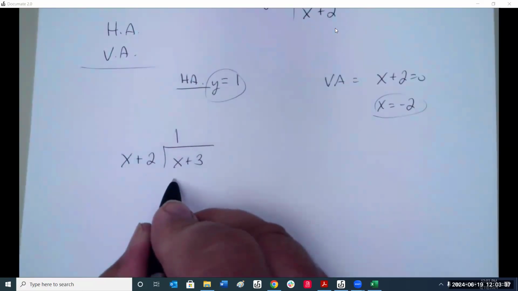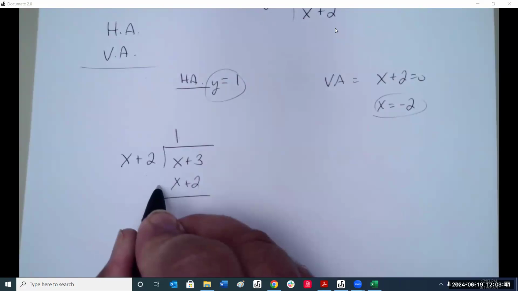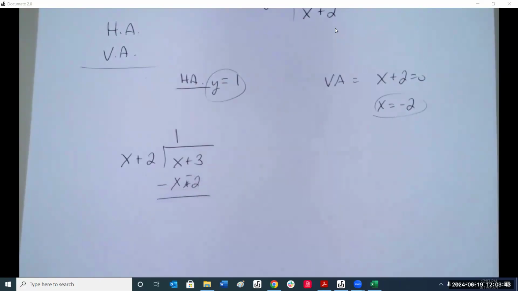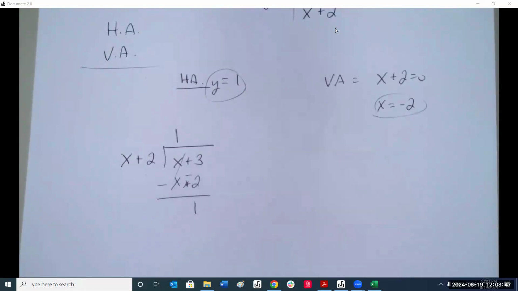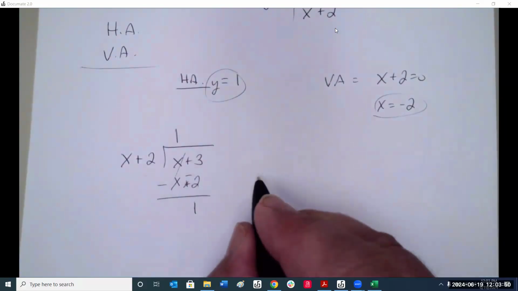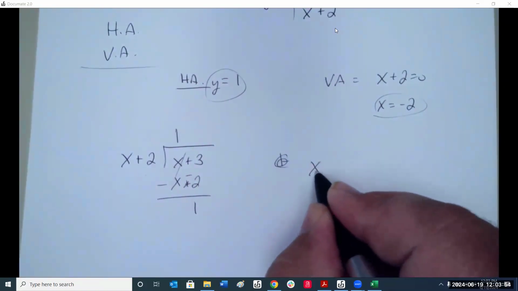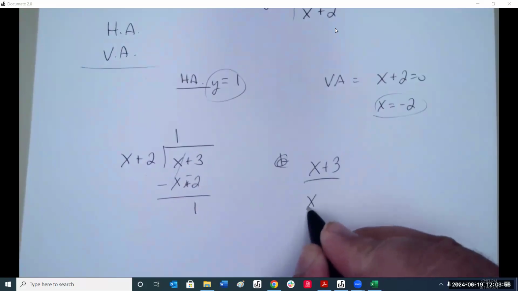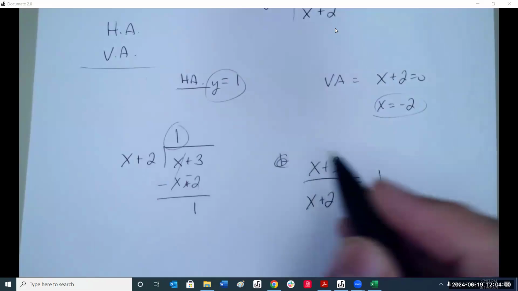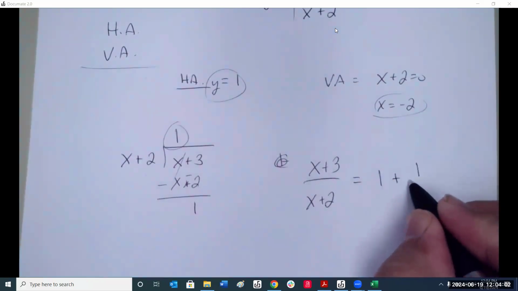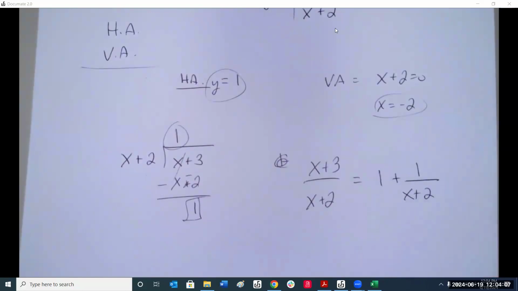So 1 times x is x. 1 times 2 is 2. Change the signs and subtract. So x plus 3 over x plus 2 becomes 1 plus 1 over x plus 2.